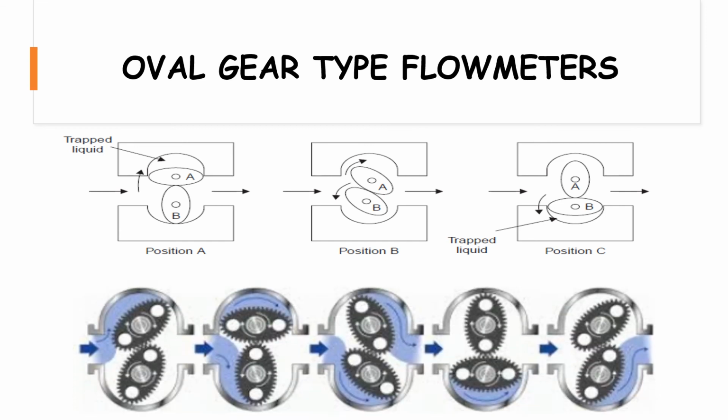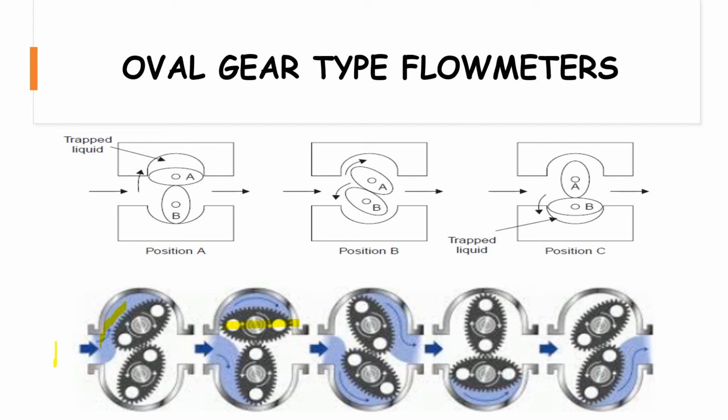So this diagram clearly tells you how the flow is going to take place. This is my first position, where the fluid is going to enter into my gear. And as said, if you can see, the flow is entering into the portion of A, and when A takes a clockwise direction, A fills the space.